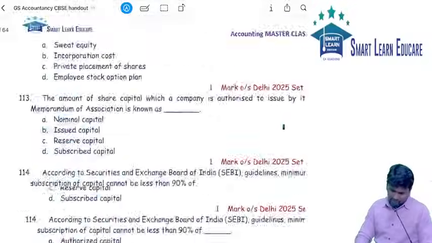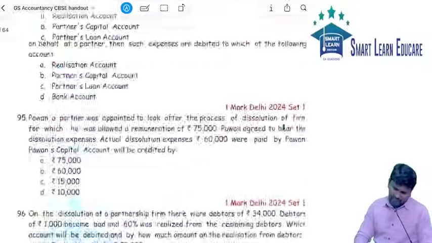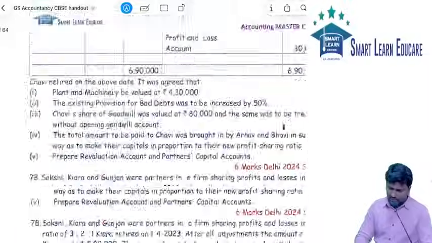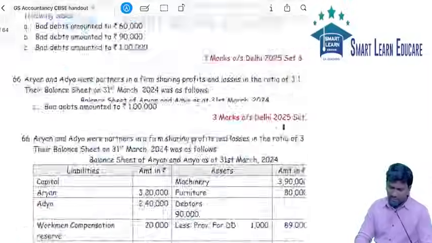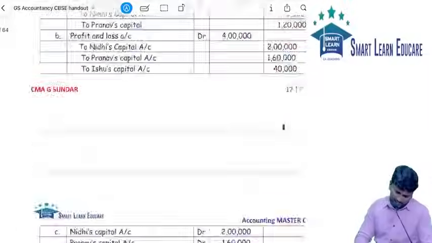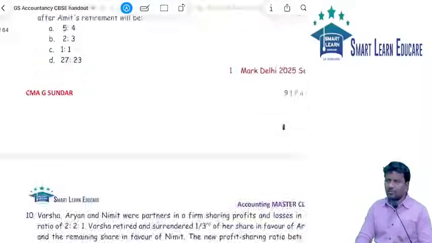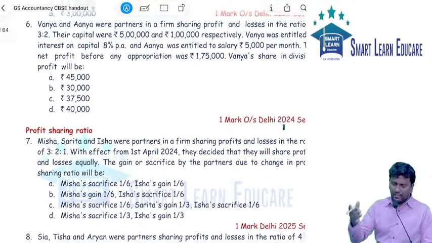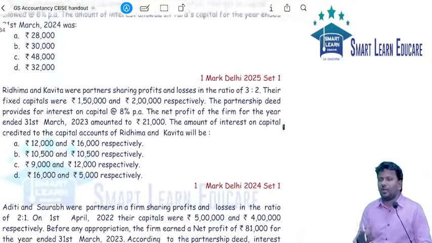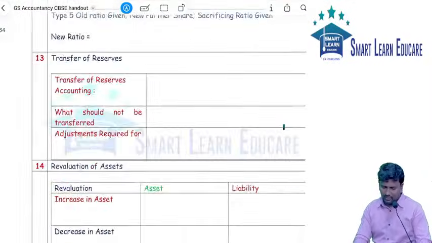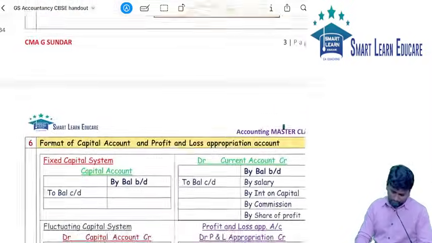I have also given the weightage. If you see the first page, you have this weightage there. Suppose you are not able to take a printout of this, you can keep this PDF file on your mobile, tab, or some other computer. It will be easy for you.